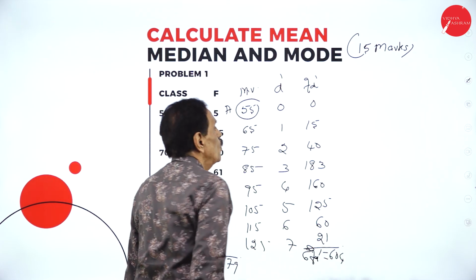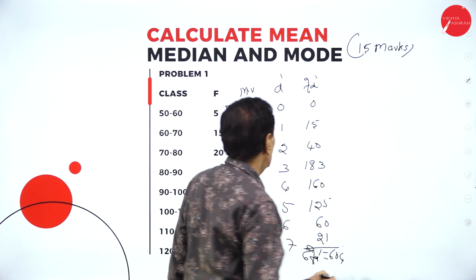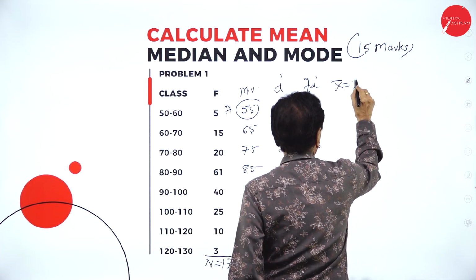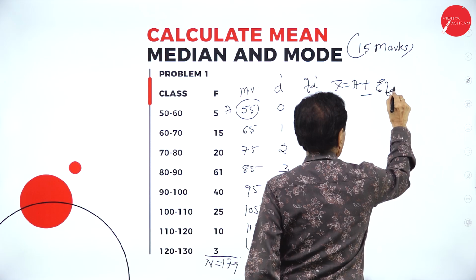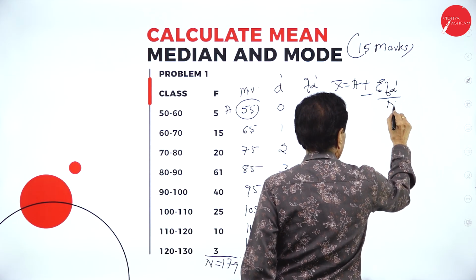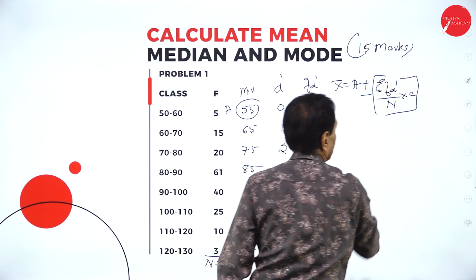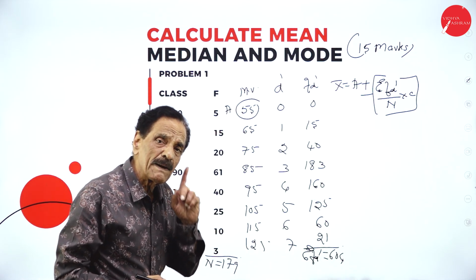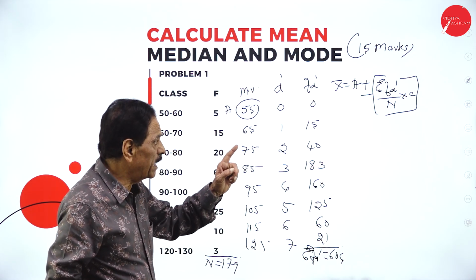Now, you have to calculate the mean, median, and mode. We'll go with the mean. Mean is equal to A plus or minus sigma f t dash divided by n into c. What's the formula? Mean is equal to A plus or minus sigma f t dash divided by n into c.